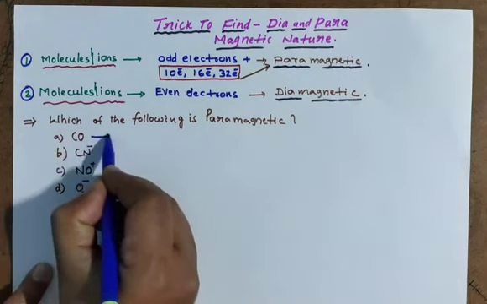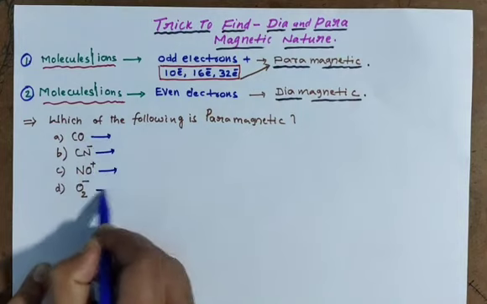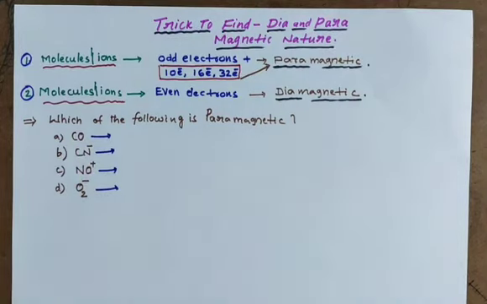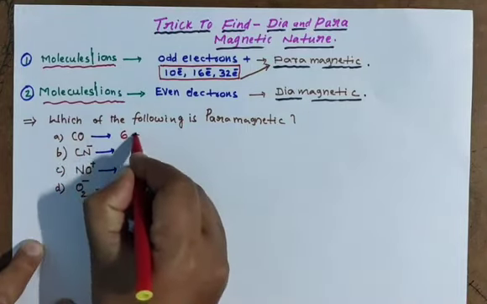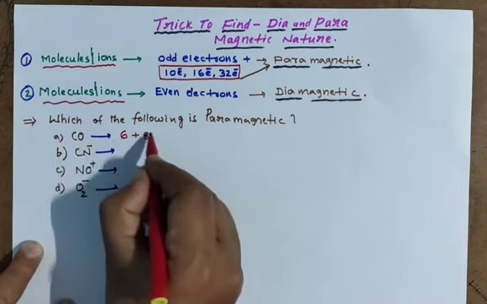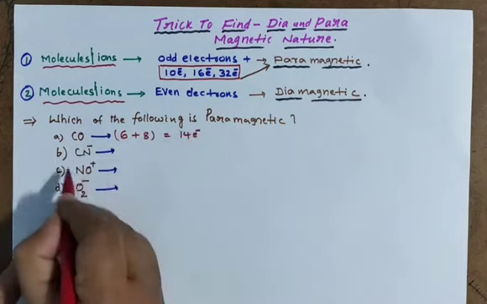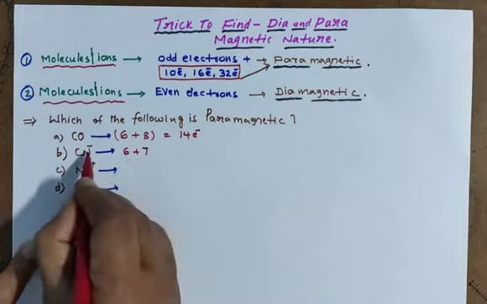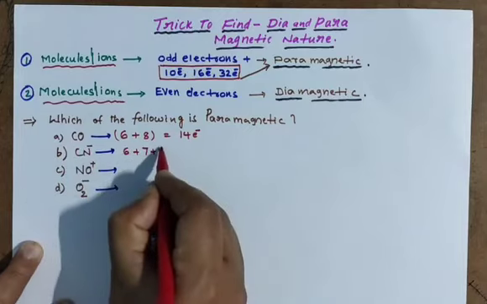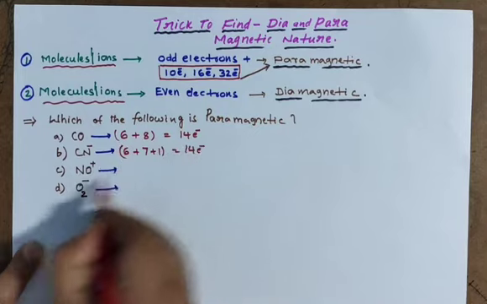Now you calculate the number of electrons. Carbon has atomic number 6 and oxygen has atomic number 8, together we get 14 electrons. Carbon 6 electrons plus nitrogen 7 electrons, and for minus we have to add 1, that is equal to 14 electrons.